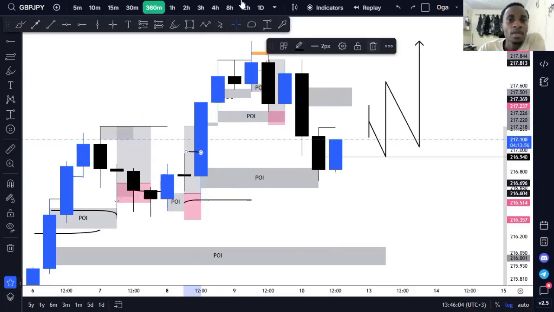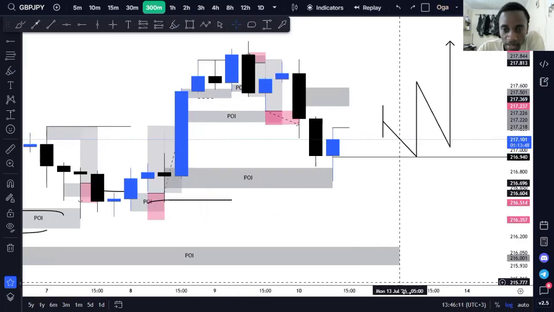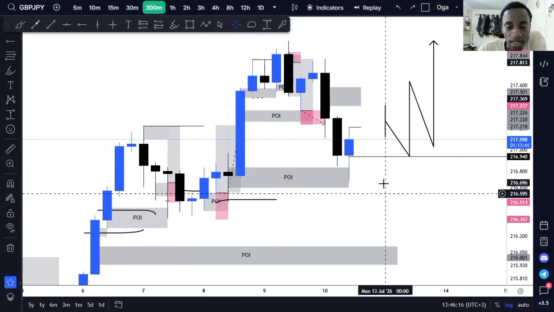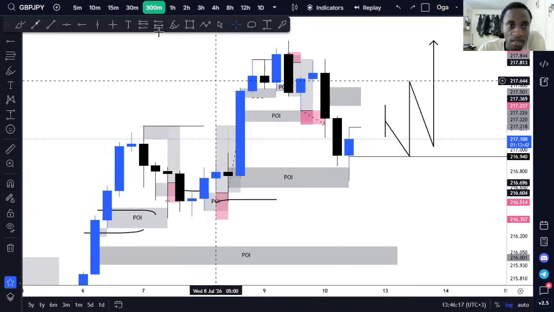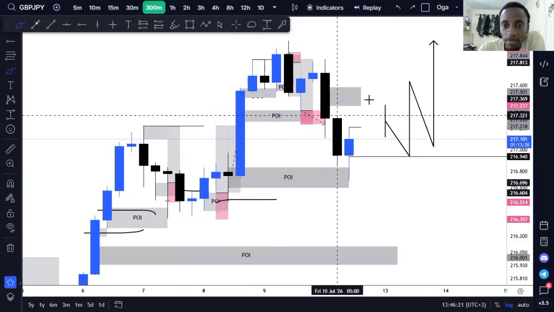So let's go to 5 hours. We see it hasn't presented anything yet, but we're expecting a body closure above here, this candle above there.